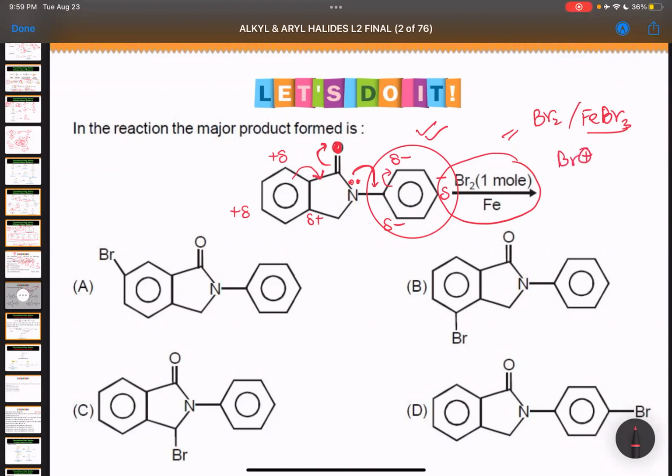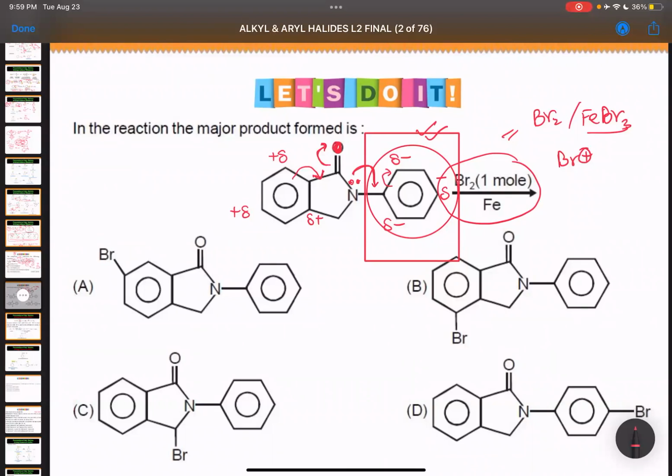And the Br plus will go and attack the benzene ring. Okay, which benzene ring? The benzene ring which is more electron rich, which has negative charge, because the attacking species is Br plus. So where it can join itself comfortably, it will join itself at the positions which are more electron rich.